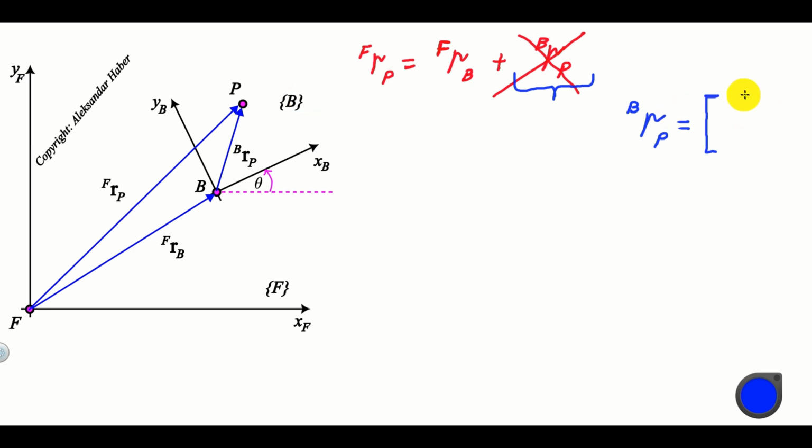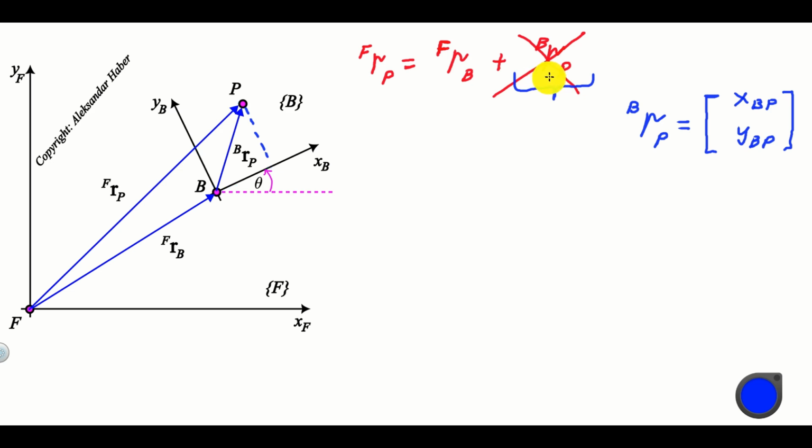If you remember, this vector over here has the coordinates XBP and YBP, and these coordinates are actually given over here. This thing is XBP, and this distance over here is YBP. That's why we are not able to add these two vectors, and this is the error.